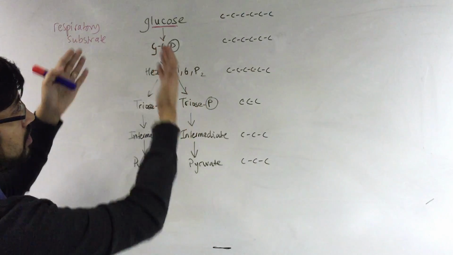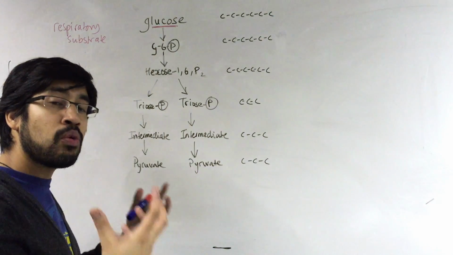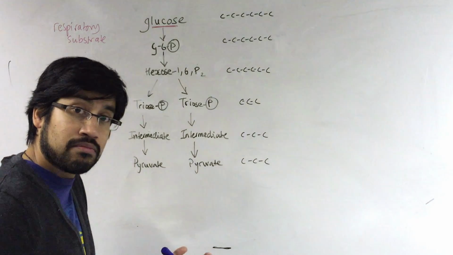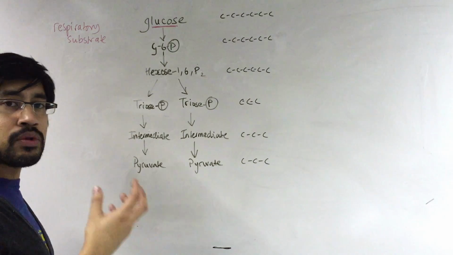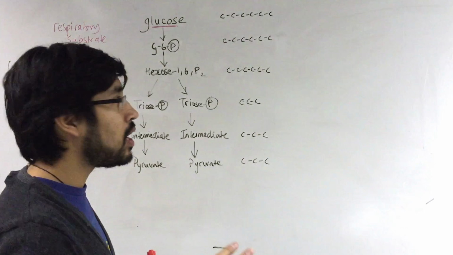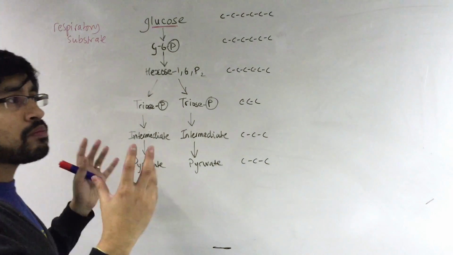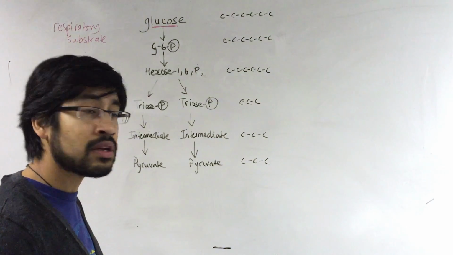Because if this was all to happen in one stage, the release of energy would be quite explosive, really. The processes in the cells need quite small amounts of energy, so you don't want to be causing an explosion every time you want to transport something against a concentration gradient.